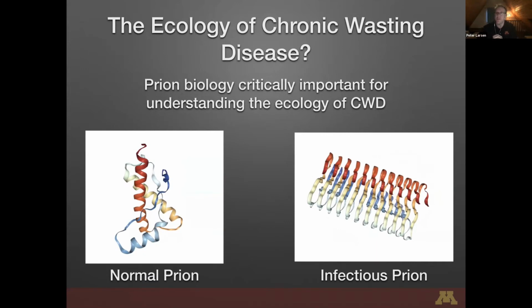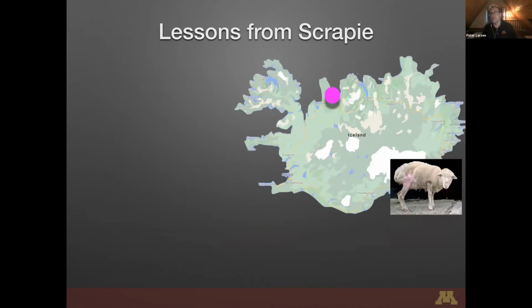That's the form that can survive for a long time in the environment. Not the normal form, not the ribbon diagram on the left, but the one on the right, this misfolded beta sheet. This is protected, shielded, and it can survive in the environment for a long time. So that's what we're talking about when we're talking about prions in the environment.